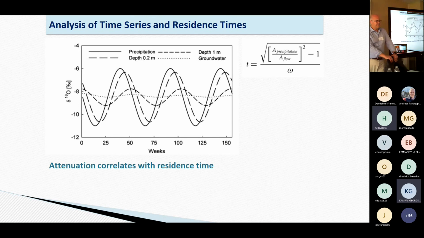Very good question. Now, the error of an individual measurement is more or less plus minus 0.1 per mil for O18 and plus minus 1 per mil for deuterium. This means that you cannot detect fluctuations that are below that value or even within a standard deviation of these values.